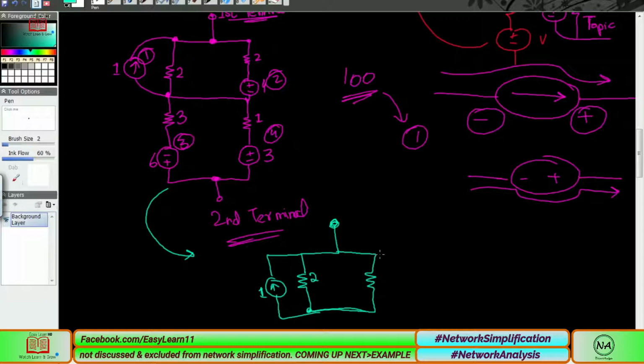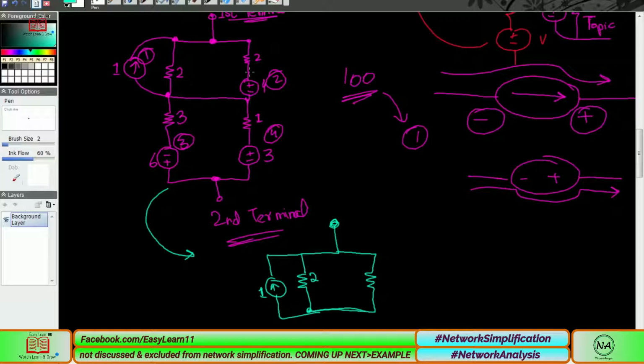I will also write the steps here, again a recap, but before doing so I just wanted to tell you this is a voltage source in series. First of all, let's take a look. Before going to study any analysis, any discussion, any network, make sure that you have elements in series with the current source or in parallel with the voltage source, as only these are discussed.